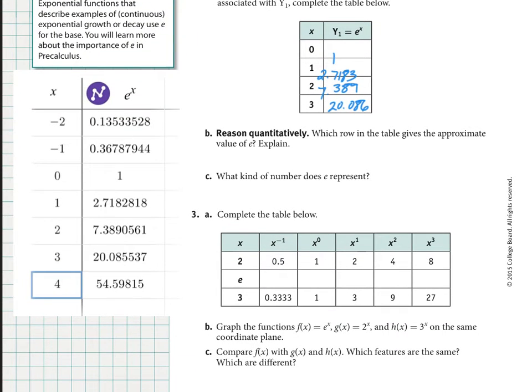Same thing here, this is going to be 0.368. Always 1. Anything to a 0 power is 1. We'll answer our questions here in just a moment.